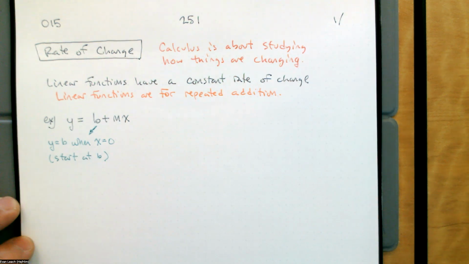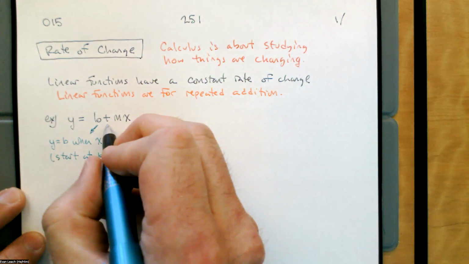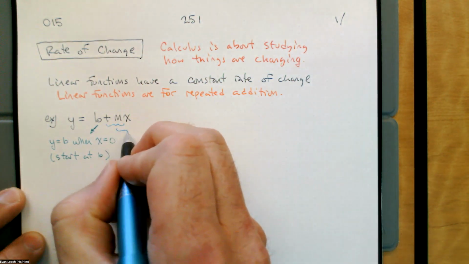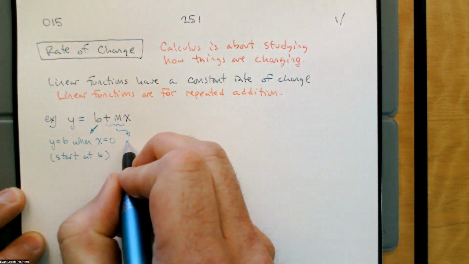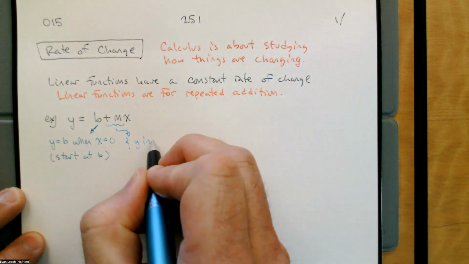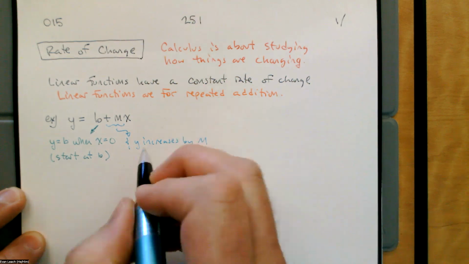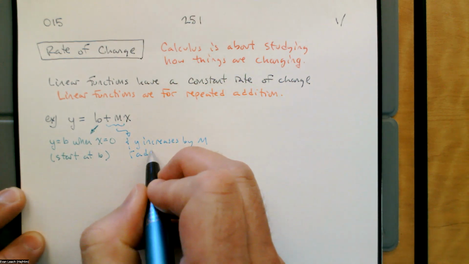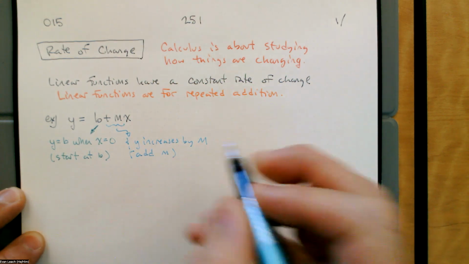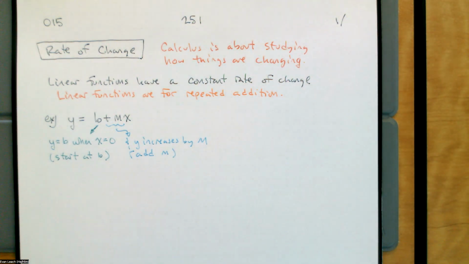This plus m is add m a bunch of times. That's the times x. We add m x number of times.